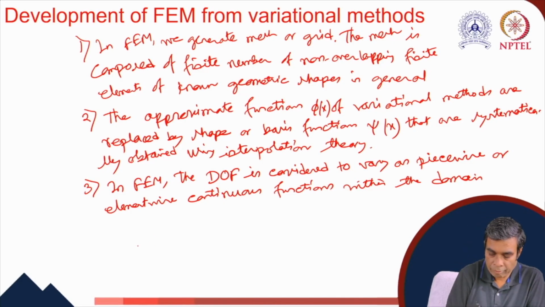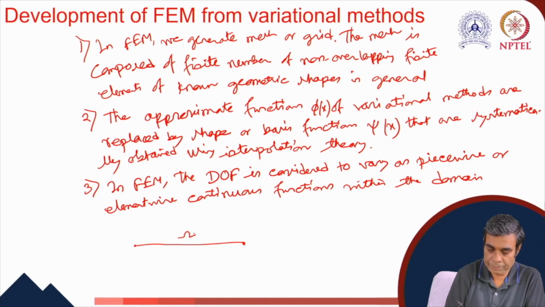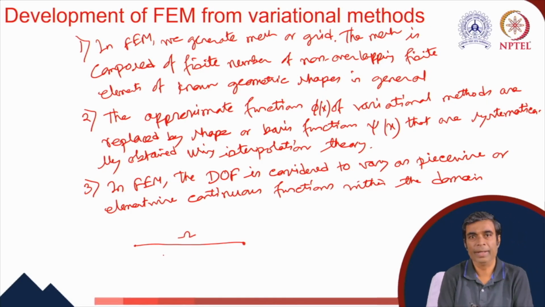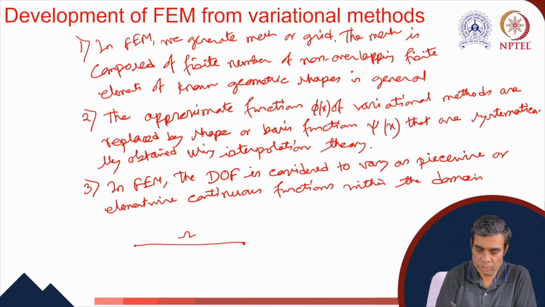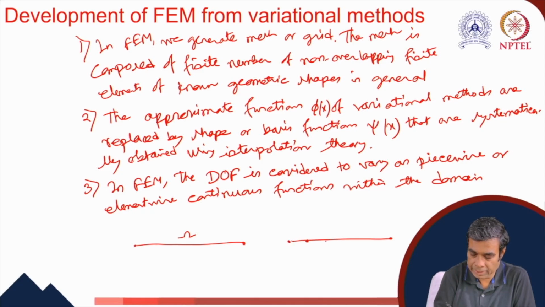So, for a given problem, if we consider this is the domain omega and we have a governing equation given in this domain, when we go for the variational method, we use the full domain, but in case of finite element method, we split the domain into finite number of elements, then we say that those are the finite elements. So in this right hand side picture, we are showing the case of FEM.